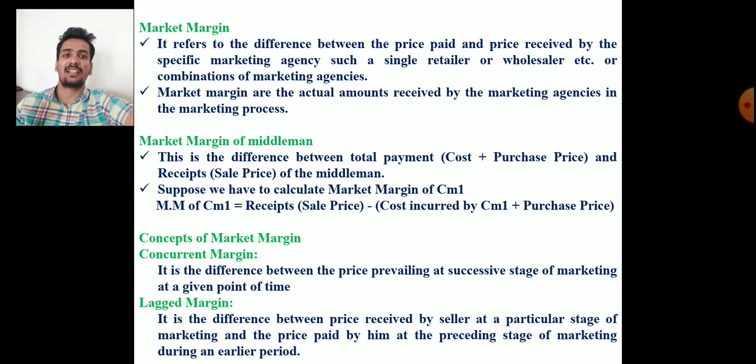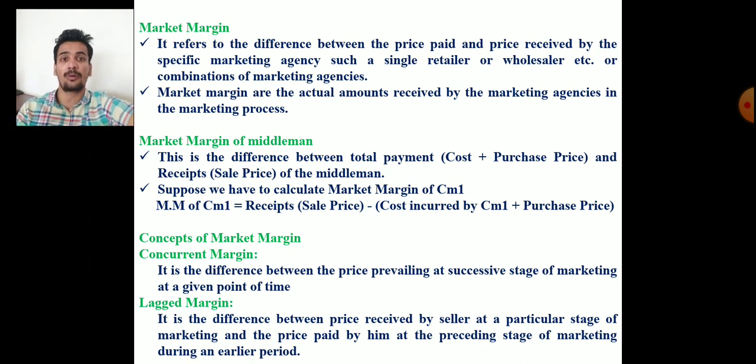Market margin refers to the difference between the price paid and the price received by a specific middleman or marketing agency, such as a retailer, wholesaler, etc., or a combination of marketing agencies. Market margins are the actual amounts received by marketing agencies like the wholesaler and retailer in the marketing process.